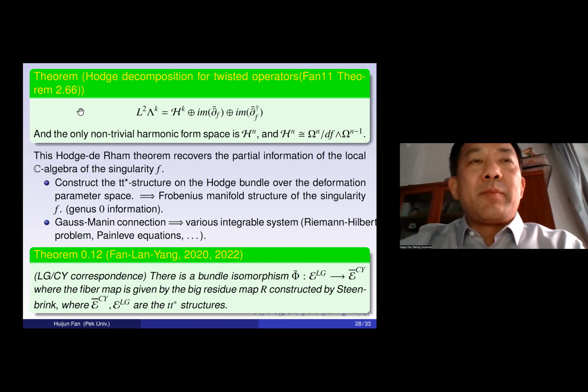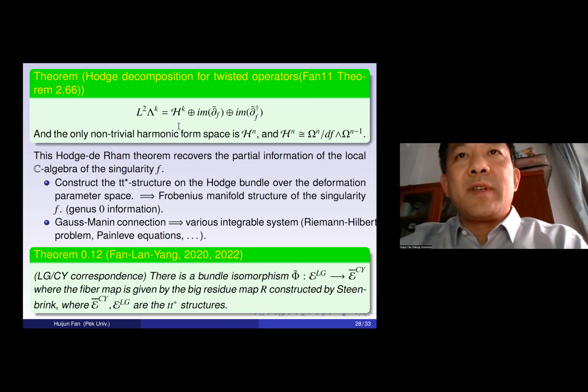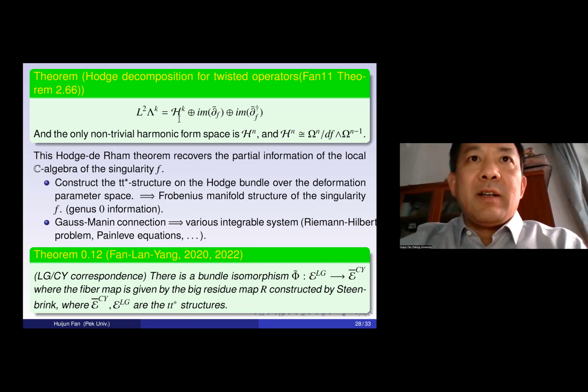So once we prove this spectrum theorem, we can get the Hodge decomposition for twisted operators. That means the L2 space of k-forms can be decomposed into three spaces. H^k is the space of harmonic forms, and then the image of D-bar_F plus the image of D-bar_F star.